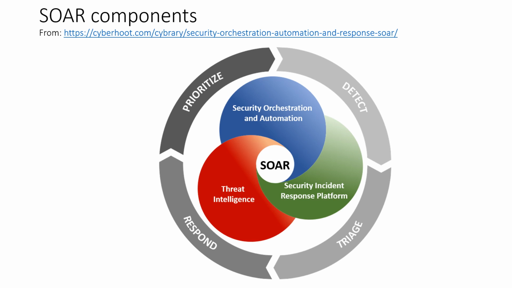This diagram illustrates what we just said were the functions of a SOAR tool. You have the security orchestration and automation aspects, an incident response platform, and threat intelligence information from external sources. The continual path surrounding the diagram shows the phases that the SOAR tool will go through.